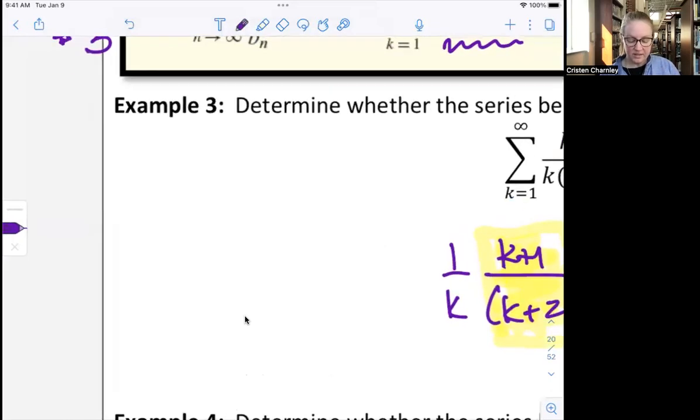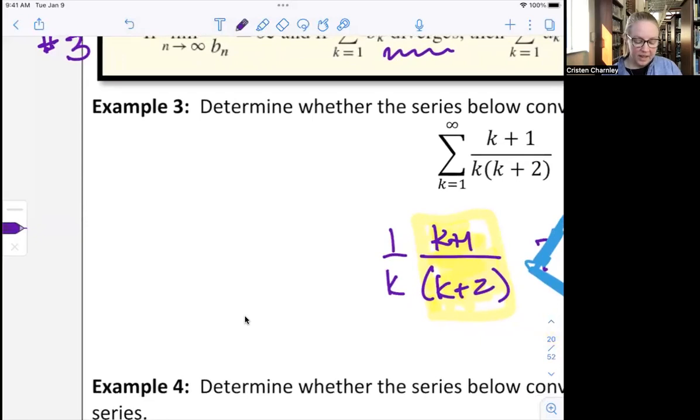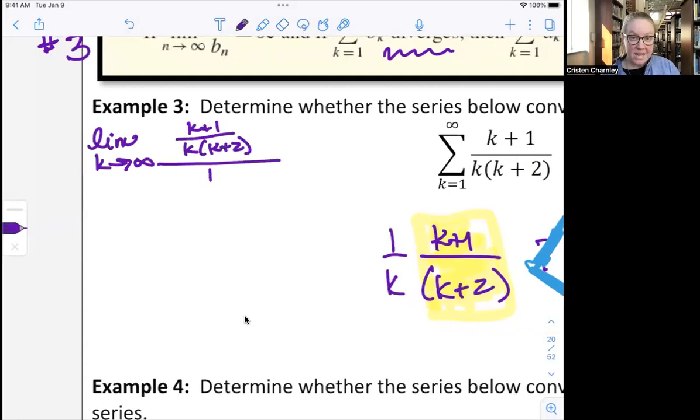So let me see if I can write this a little bit nicer in here. This will be the limit as k approaches infinity, or n approaches infinity, I keep writing them back and forth, of (k plus 1) over k times (k plus 2), all over the b series that we just made, 1 over k. If I use infinity right now, I've got 0 over 0, that's indeterminate.